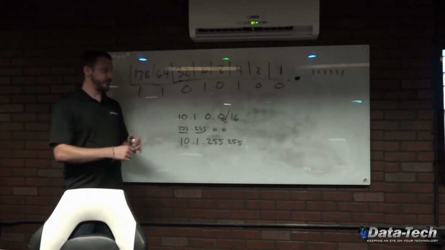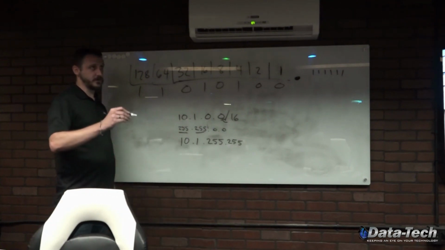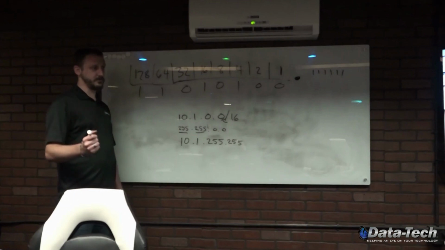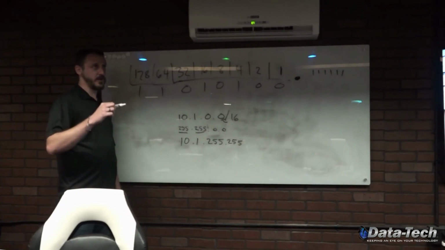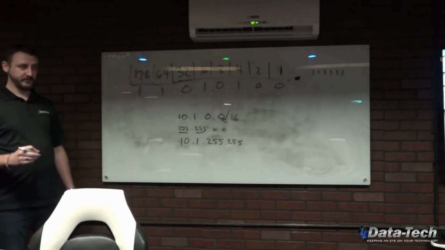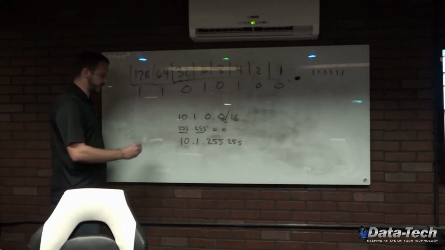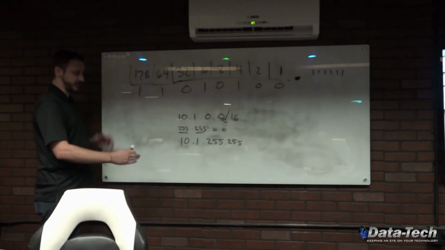In between, it's a usable range. 192.168.0.255, and then 192.168.1.0 becomes a usable IP. Those numbers in between are essentially linked together. They're now one big network.